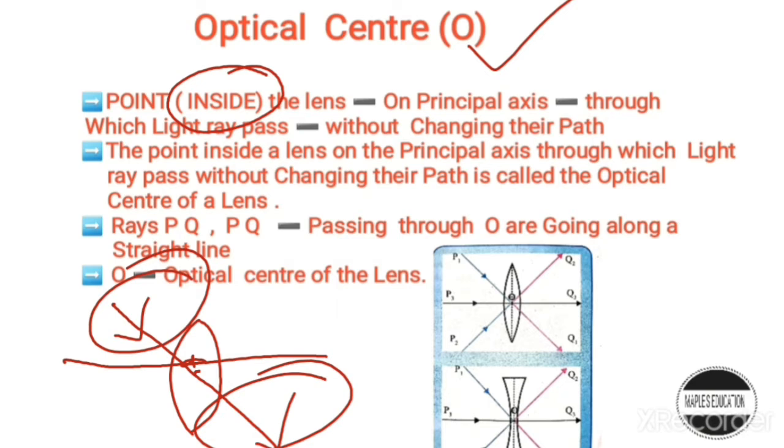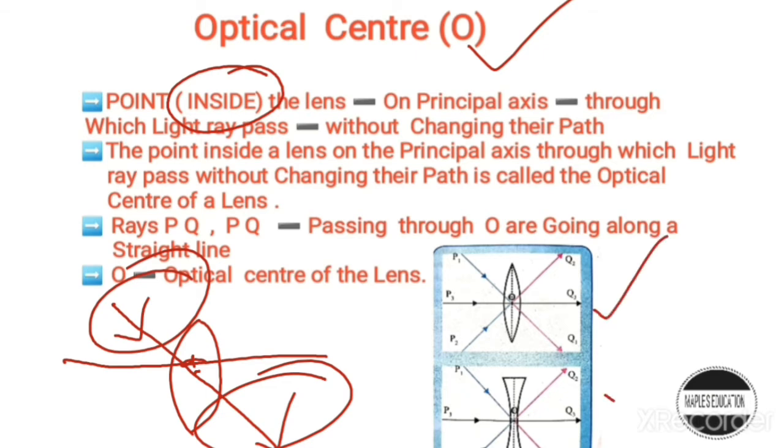The next point that we see is: the point inside a lens on the principal axis through which light rays pass without changing their path is called the optical center of a lens. So we have understood what the optical center is. In short, the optical center is a point which is inside the lens, on the principal axis, and whenever a light ray passes through it, it doesn't change its path.